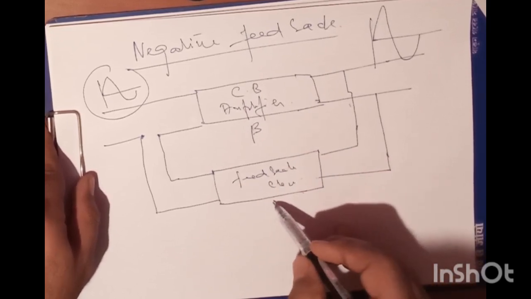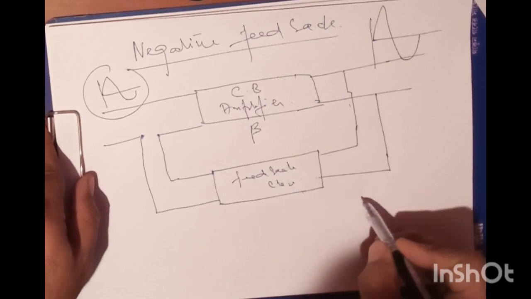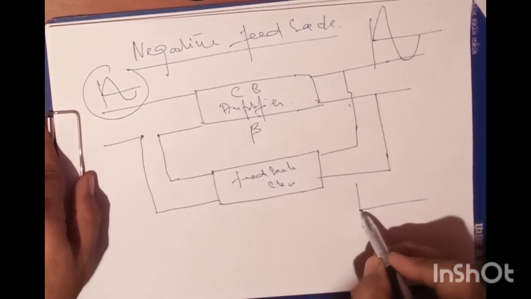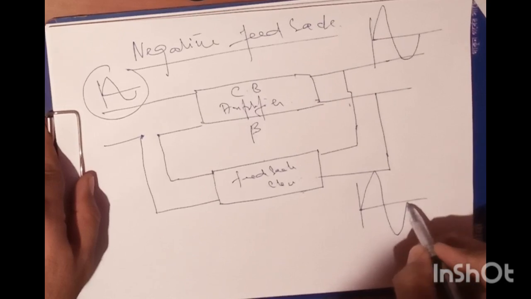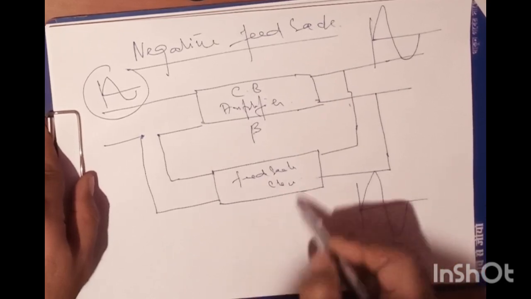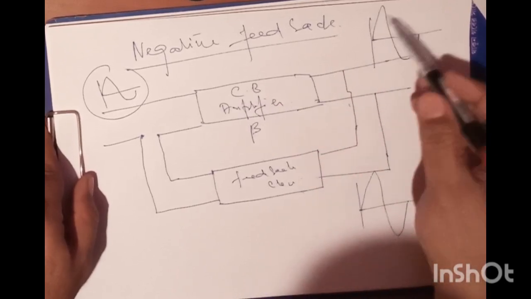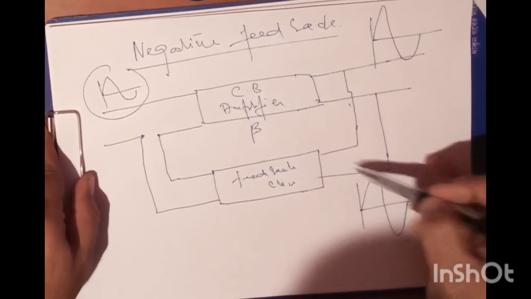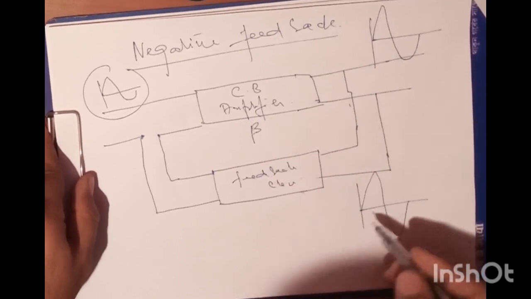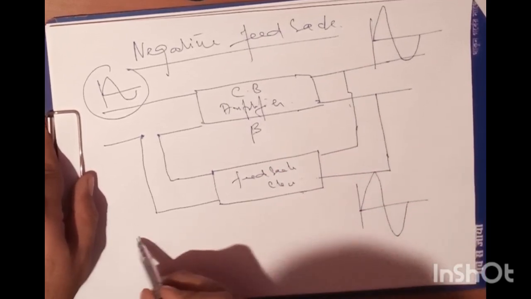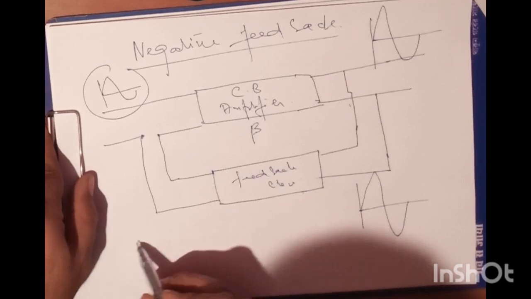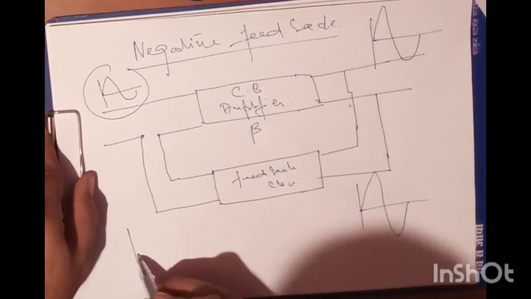If we assume that this is the input signal for the feedback circuit, the output signal that we have obtained through the amplifier, we send it back to the feedback circuit in such a way that the output that we obtain here is out of phase.